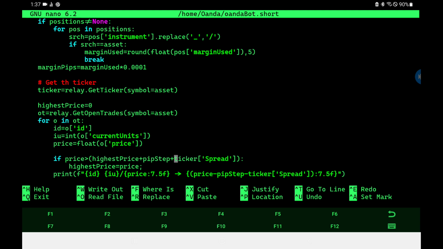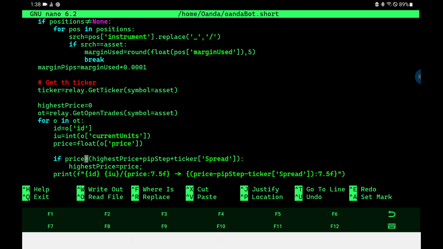So if we have a 2 pip spread, then that means that our price has to be greater than the highest that we've seen so far. It has to be greater than the pips that we want for our minimum profit and the spread. So overall, just at this level, the next purchase needs to be 5 to 7 pips.